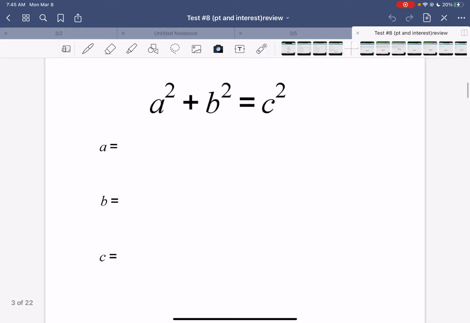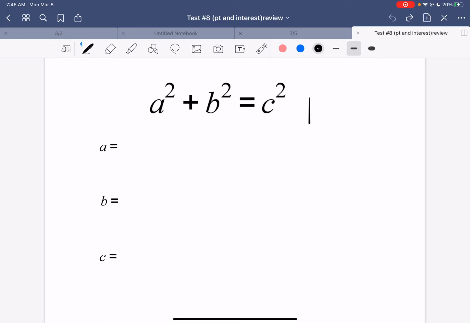In the Pythagorean theorem equation, we have to remember that the Pythagorean theorem only works on right triangles. So if it's not a right triangle, we have to use something else, not the Pythagorean theorem. Each of these letters is assigned to a side of the triangle.